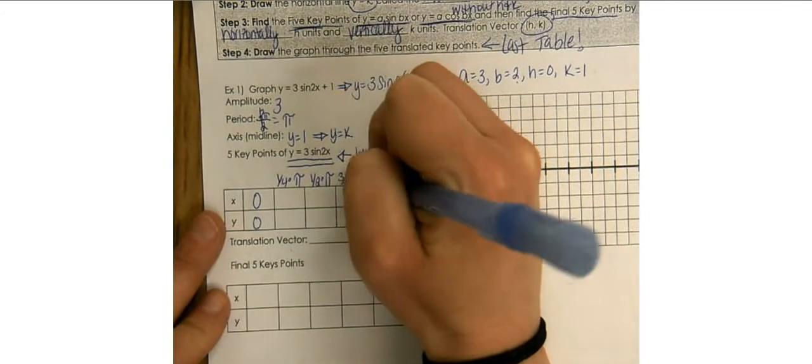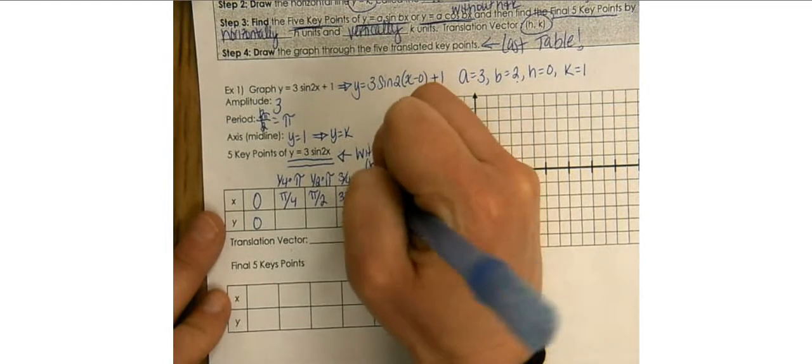And in order for me to find my x values, I'm going to take 1/4 and multiply it by my period, which is pi. Then I'm going to take 1/2 and multiply it by my period, which is pi. Then 3/4 times pi, and then 1 times pi. So I have pi over 4, pi over 2, 3 pi over 4, and then 1 pi.